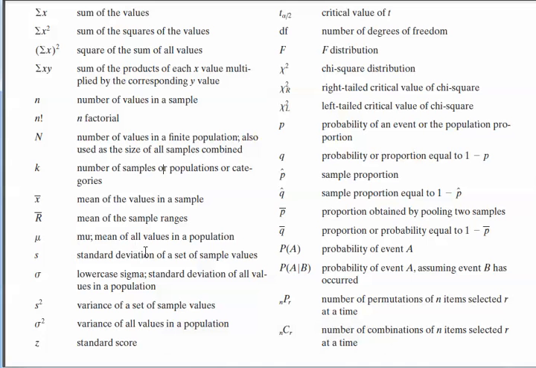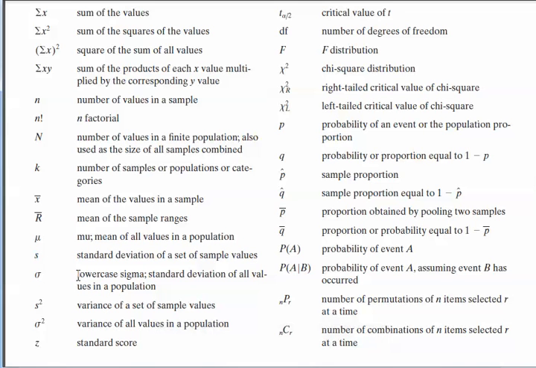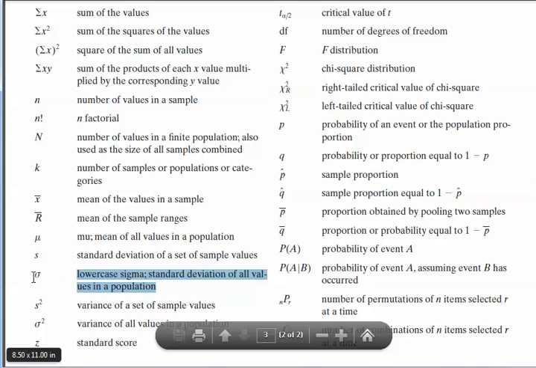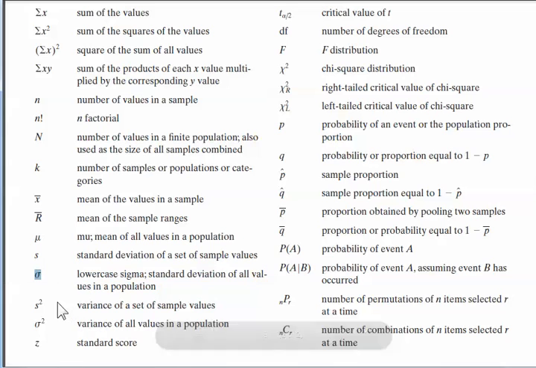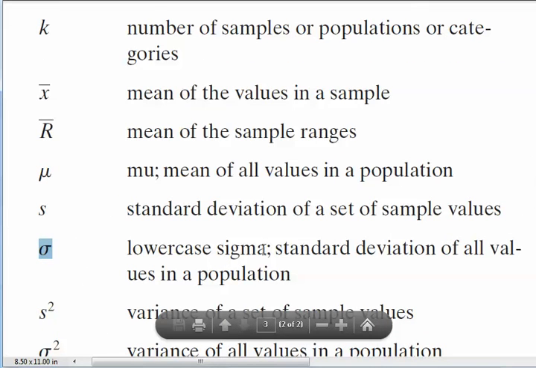Got mean. Alright, here they are. Standard deviation of a sample set of sample values, we use little s. And then a lowercase sigma, right there, is the standard deviation of the entire population. So what we wanted is we wanted this right here.